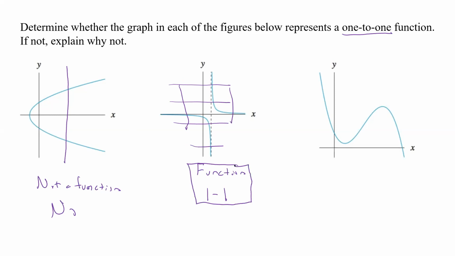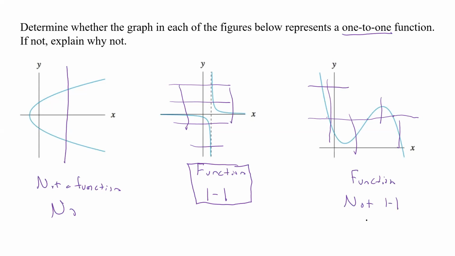So that looks good. Now what about this one? Well, is it a function first? If we draw all these vertical lines, no matter where we draw them, it is a function. So that's good. Now we can test to see if it's one-to-one. So we start drawing lines horizontally, and guess what? All of a sudden we hit 3 spots. So it's not one-to-one.